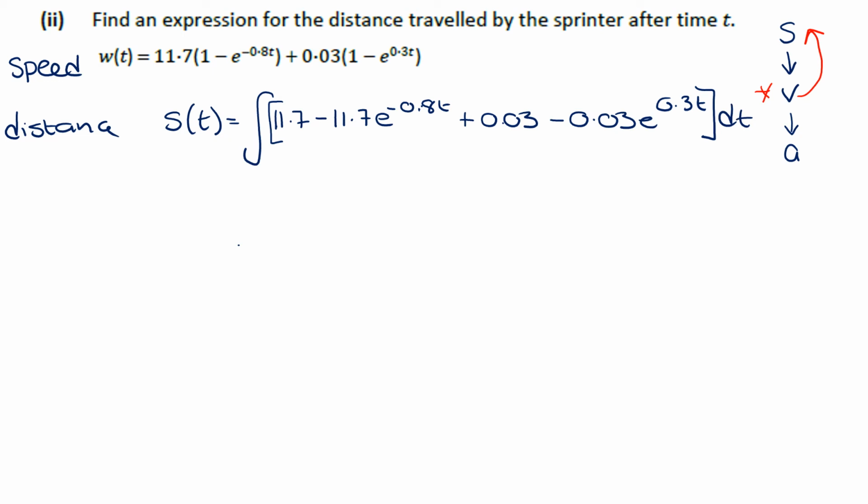That is what I'm integrating. I do not have limits of integration, which means when I do this, I'm going to have a plus c, that constant of integration, and I'm going to need to figure out the c.